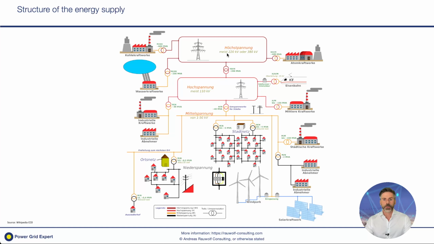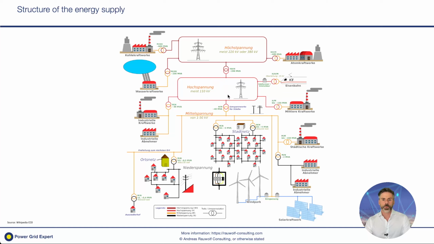So easily we can see that if we want to bridge a big distance between generation and the customer, we go up to high voltage or very high voltage, 110 kV, 220 kV, 380 kV, or even higher, or even to DC connections. Via these transport lines, we generally reach the region where we want to distribute the energy.